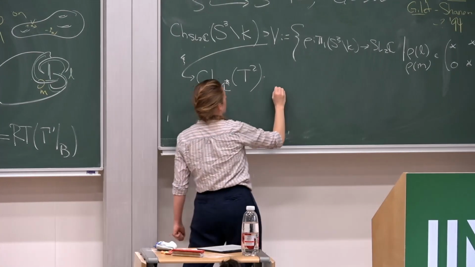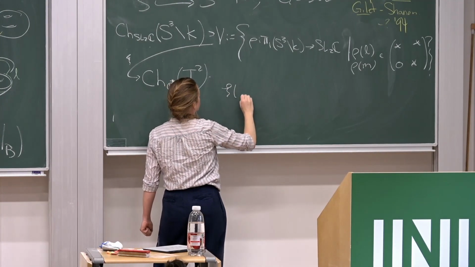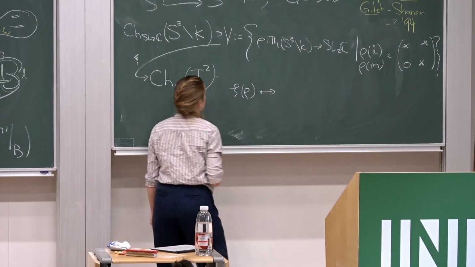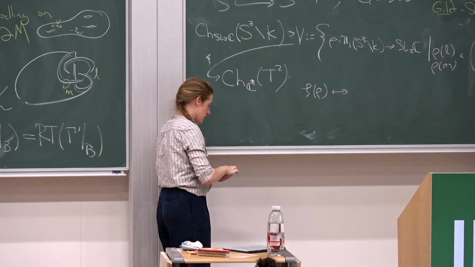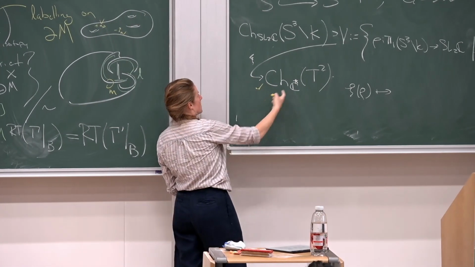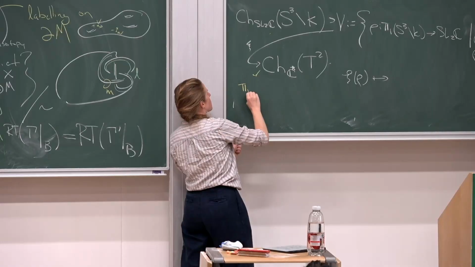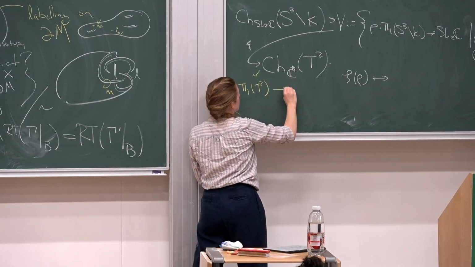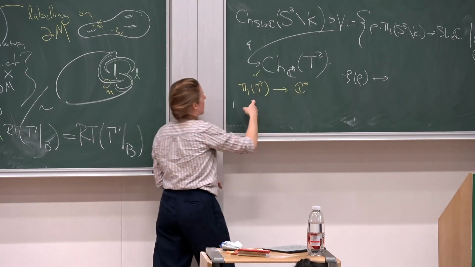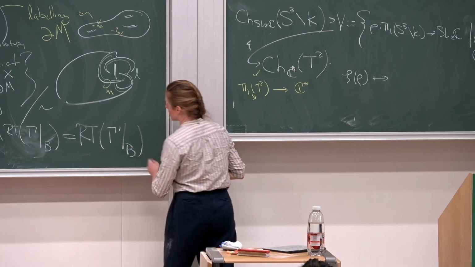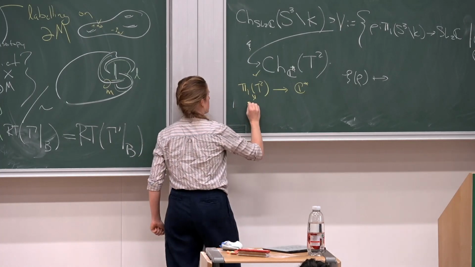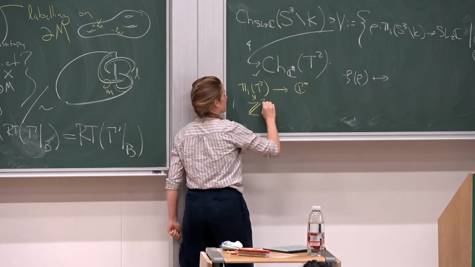And what happens is that psi of rho is sent to, okay, let's think, what is this? These are maps from pi1 of the torus to C star. Pi1 of the torus is generated by this M and L. You can choose different generators, but you can choose those two.